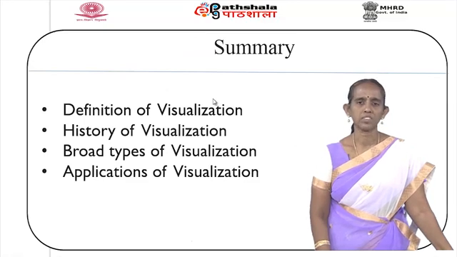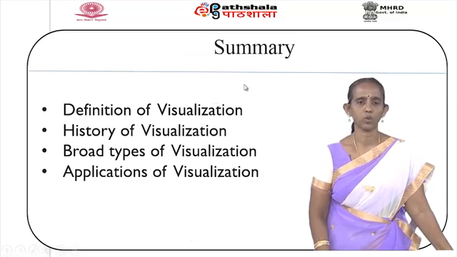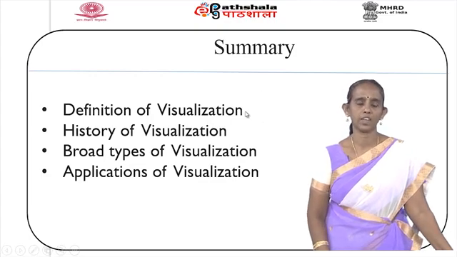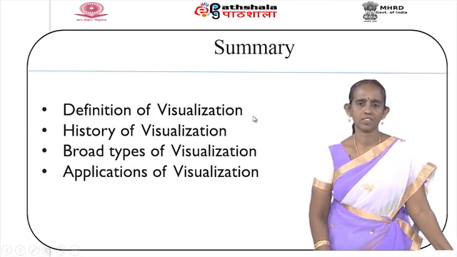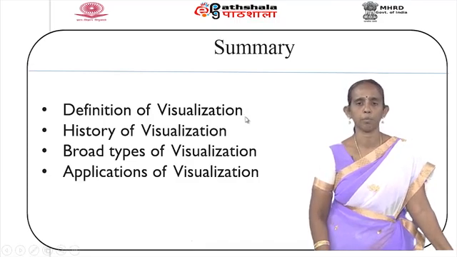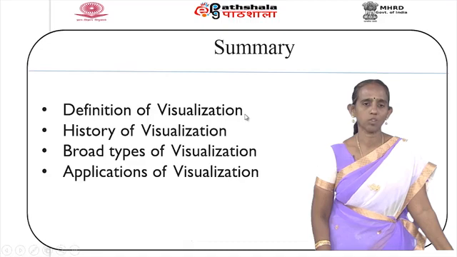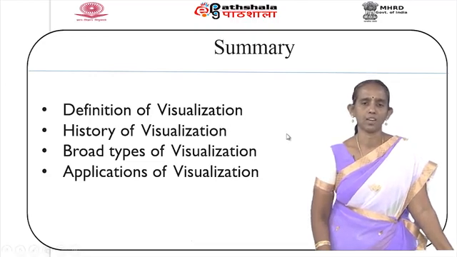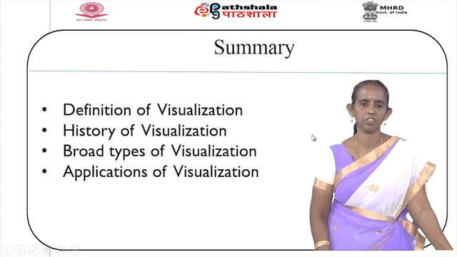To summarize, in this module we have looked at the definition of visualization, where the end user is able to extract or gain insight out of the data that is shown in the form of a visual structure. We have also looked at the history of visualization, how the entire process started right from the beginning of maps till today, till the n-dimensional representation of images.